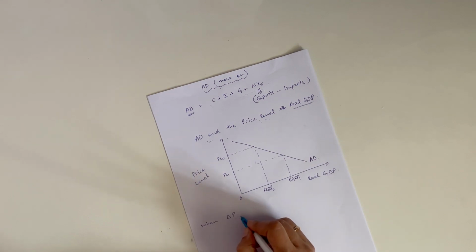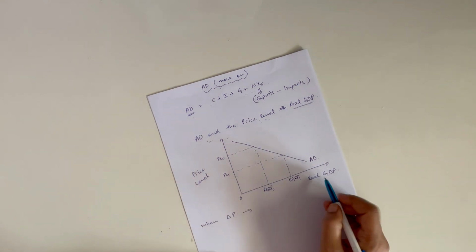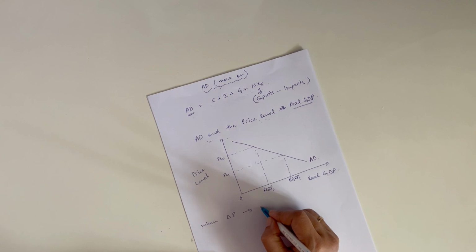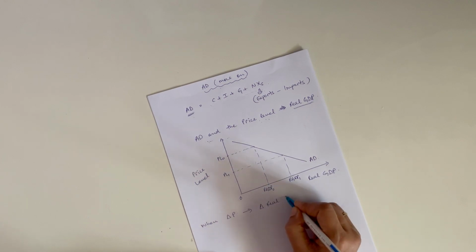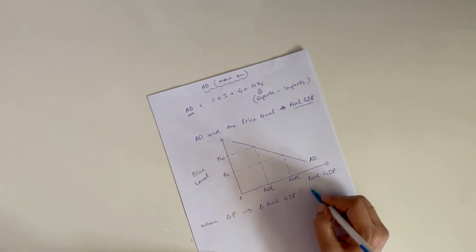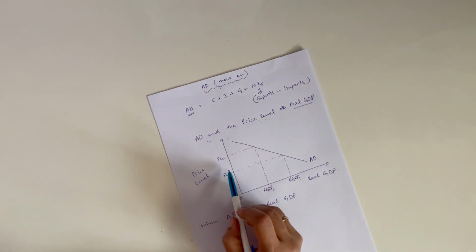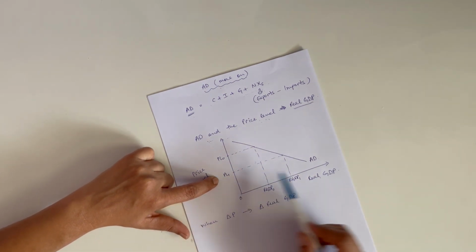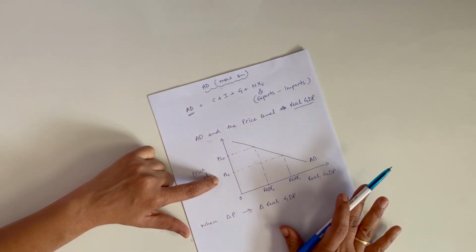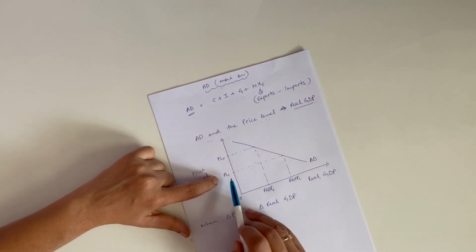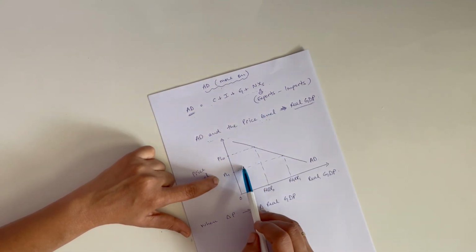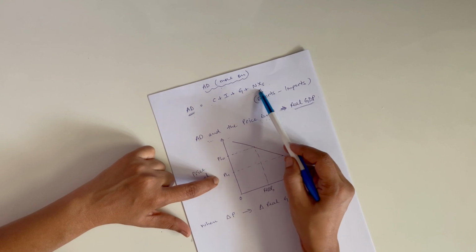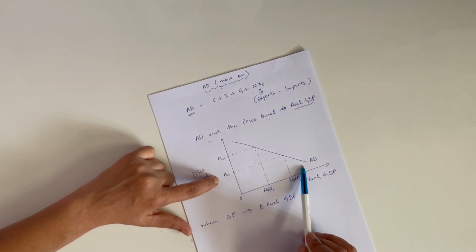All right, and what I'm just trying to tell you is that when there is a change in the price level, then how does your real GDP change, right? So basically we are showing an inverse relationship between your price level and real GDP finally, right? Now that is attained by the effect on the components of aggregate demand, okay?